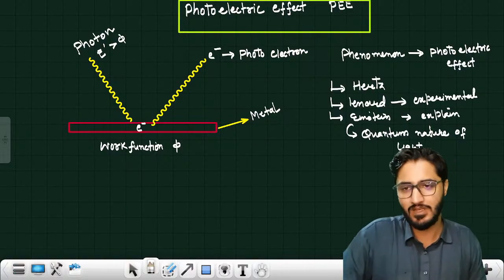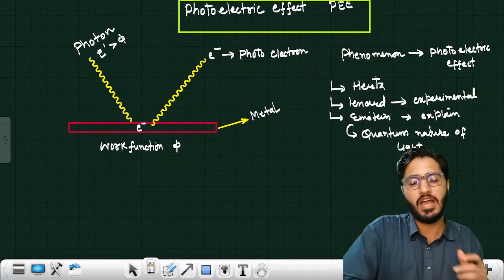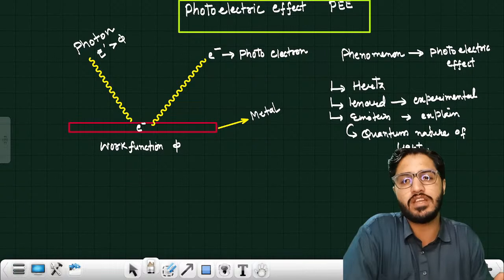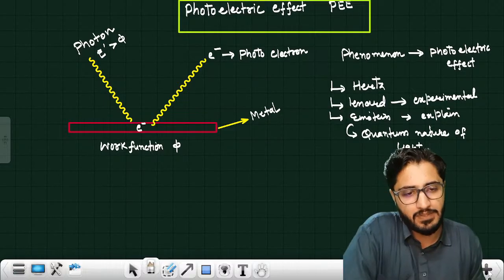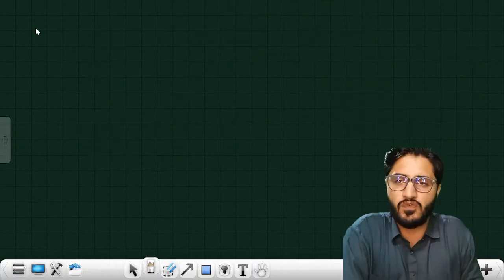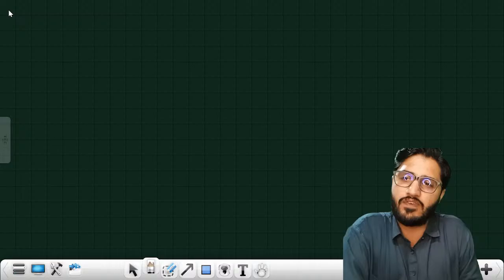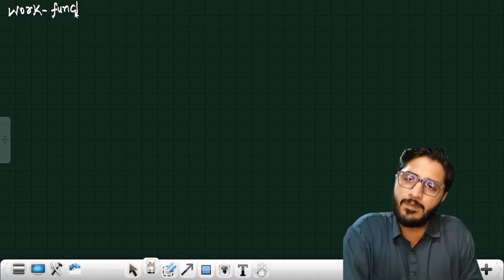Now, we know that energy is E equals to h nu, or E equals to mc square, or hc by lambda, all these things, right? So now, here we are having some specific terms. Let us define those things. First of all, we will define work function. The notation used for the work function is phi.